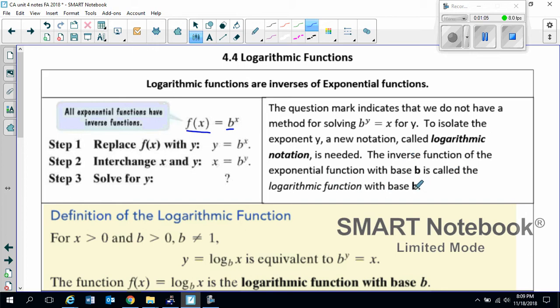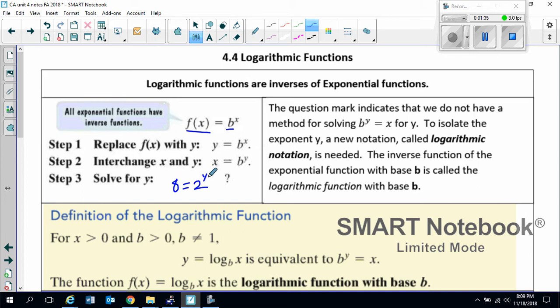If you've never seen these before, you're going to be taken aback, but just give it a minute. Basically, all it's about is helping us solve for exponents. I'll give you a real easy example. If I had 8 equals 2 to the power of y, or x, whatever you want to call it, my answer would be 3.